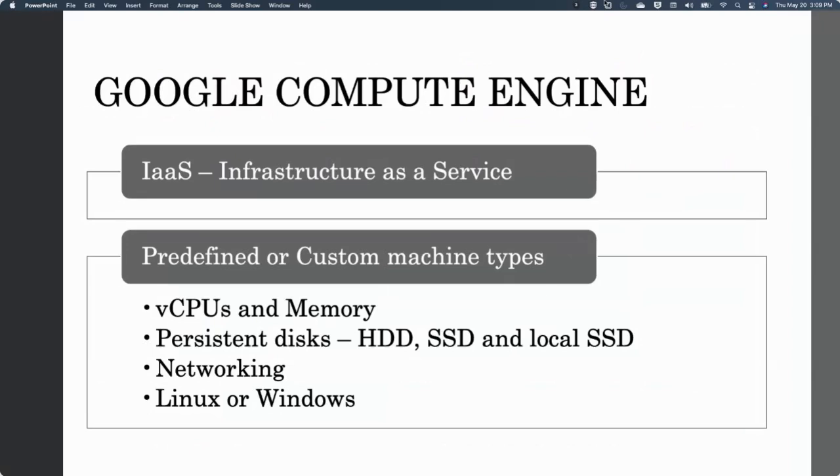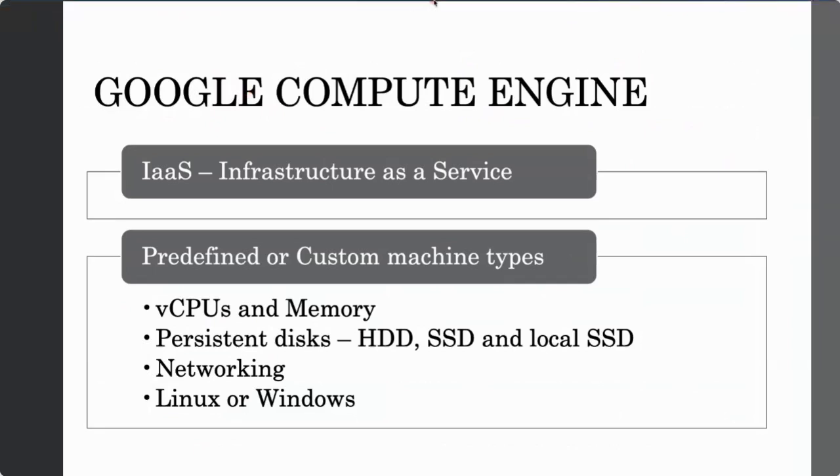So coming to Compute Engine, it is infrastructure as a service. So think of it like this: you're basically asking Google Cloud to give you your piece of infrastructure where you have first gotten a network. It could be the default network.